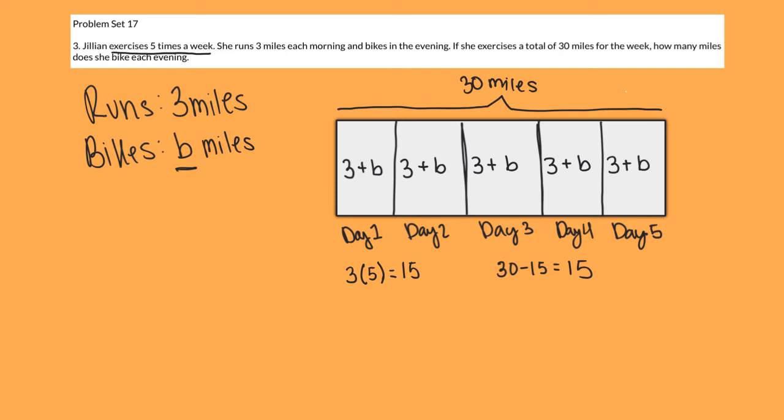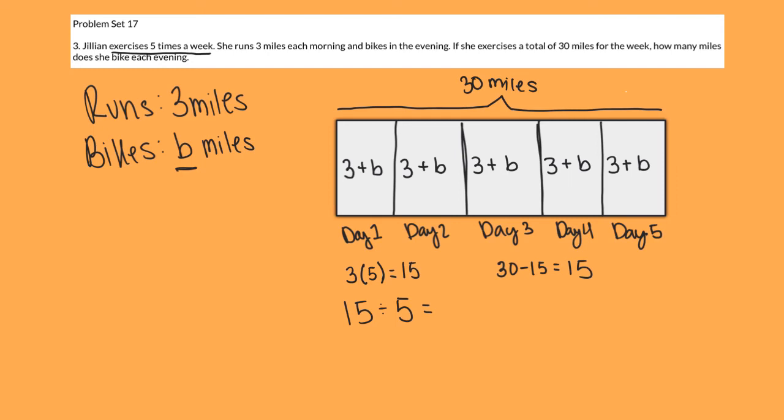Great. Now that we know that she bikes 15 miles a week, we need to take the 15 miles that she's biking per week and divide it by the amount of times that she's exercising. So she's exercising 5 days a week. So we're going to take 15 divided by 5.